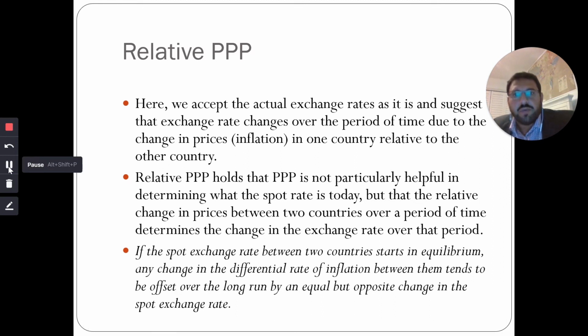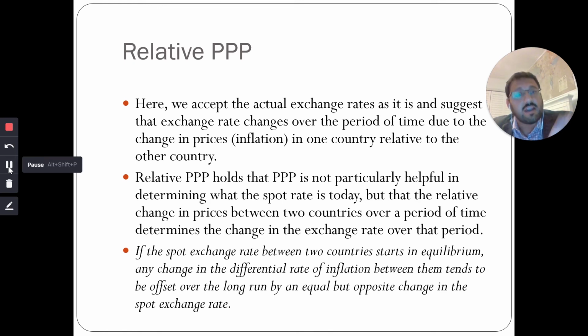In relative purchasing power parity, we accept the actual exchange rate as it is, where it is standing right now. But we suggest that the exchange rate will change over a period of time due to the change in inflation in one country relative to the other.